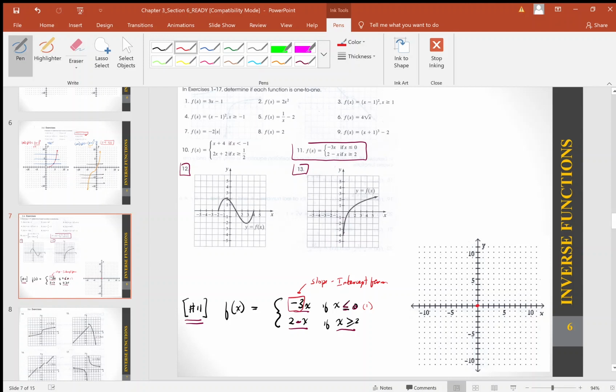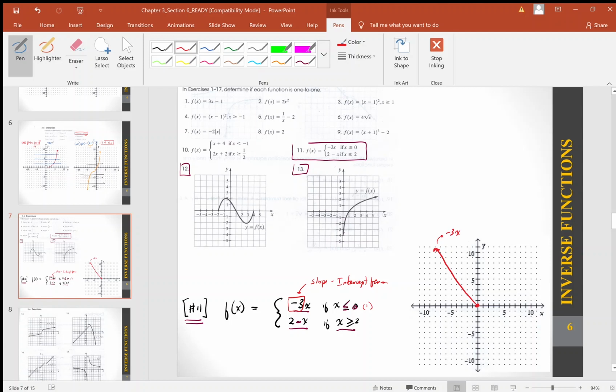So when you actually draw your graph, it's just going to look something like this. Now this is going to be negative 3x.